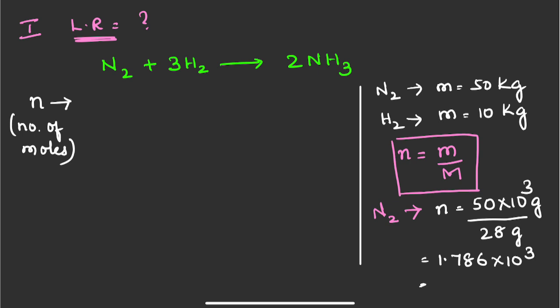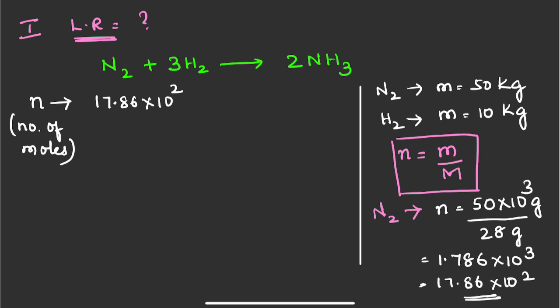Now shift the decimal point one place: when you shift one decimal here, you subtract 1 from the power, so 3 minus 1 is 2. It becomes 17.86 into 10 to the power of 2. This is the number of moles of nitrogen, so I'll write 17.86 into 10 to the power of 2 for nitrogen.